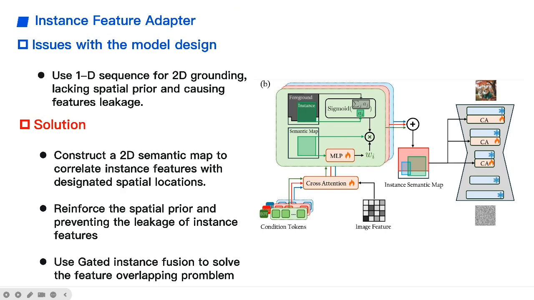This introduces strong spatial priors into the attention process. Finally, to avoid feature conflicts in overlapping regions, we apply a weighted feature blending strategy to combine all instance maps into a single global guidance map. This final map serves as the overall conditioning input to guide the generation process with both fine-grained details and spatial priors.